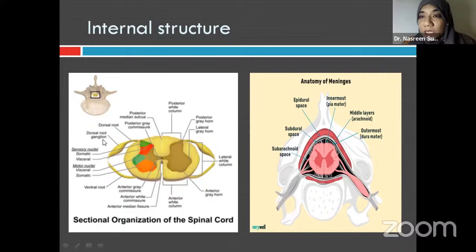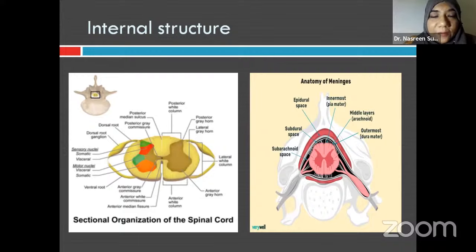What do you mean by ganglion? Ganglion is nothing but a group of cell bodies in the peripheral nervous system. What do you mean by nuclei? A group of cell bodies in the central nervous system.